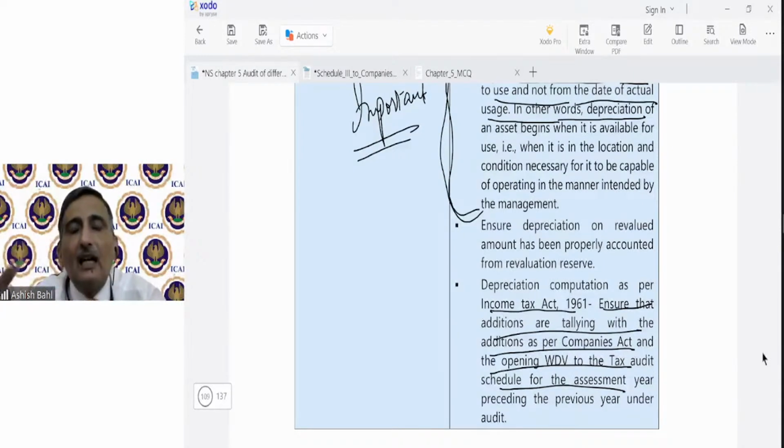The only difference would be in the manner of charging depreciation or in the rates of depreciation. Okay.